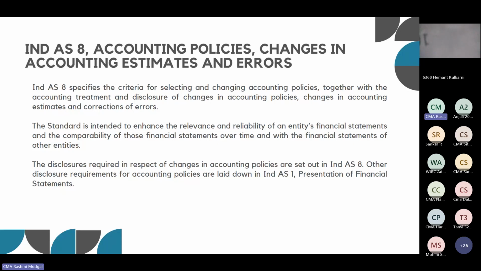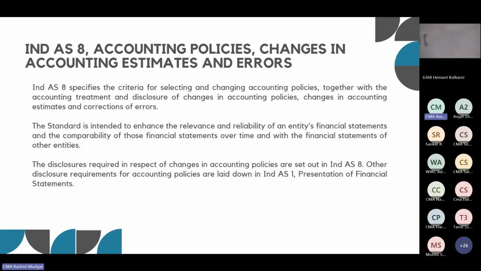Now we come to the next standard, which is AS 8: accounting policies, changes in accounting estimates and errors. If there is any problem, or something comes up after reporting or after estimation, what will we do? Firstly, it specifies the criteria for changing accounting policies, together with the accounting treatment and disclosure of the changes.